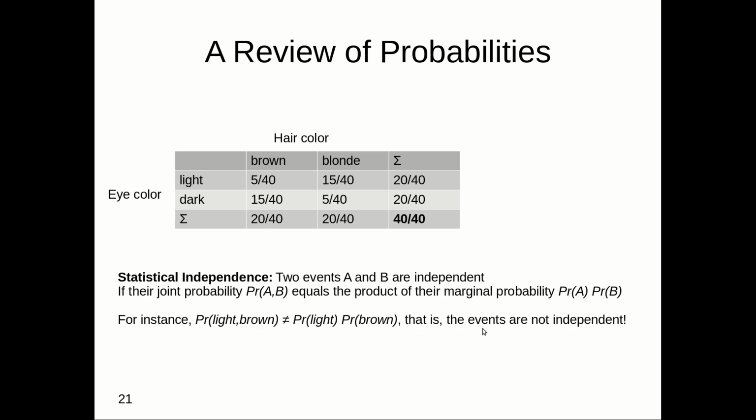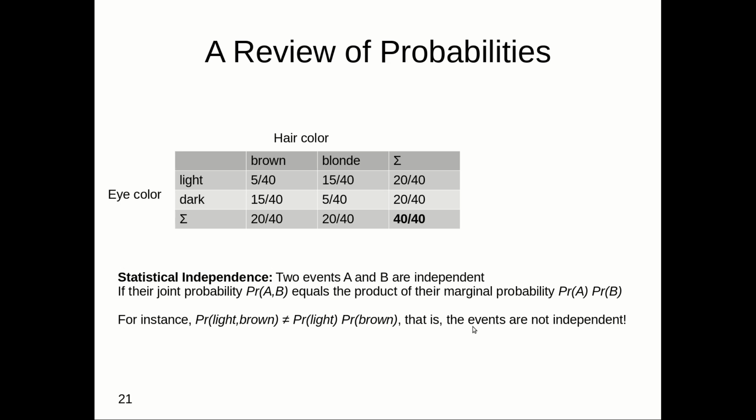Then again, statistical independence. Two events A and B are independent if their joint probability, so the probability of observing A and B, equals the product of their marginal probabilities. So the probability of A multiplied with the probability of B. For instance, if we look at the joint probability of having light eye color and brown hair, we can immediately see that this is not equal to the product of the marginal probabilities of having light eye color and brown hair, meaning that the events are not really independent.